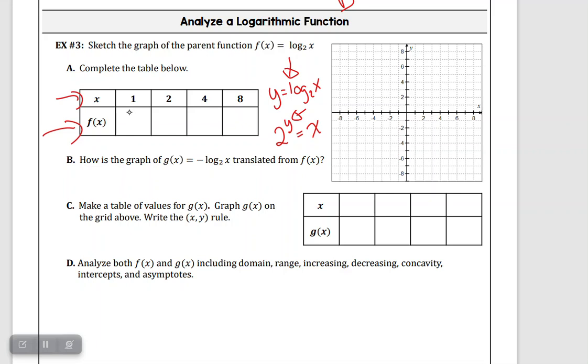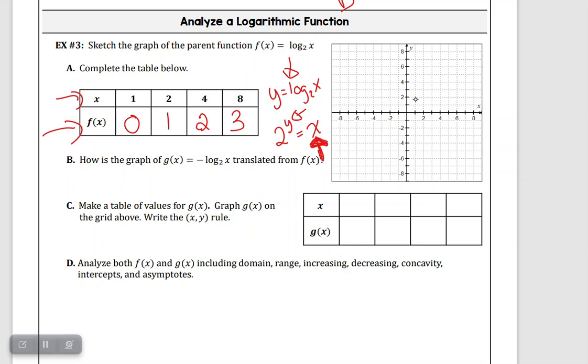But if we put x in 1, what does y have to be? It has to be 0. If we put in 2 for the x, y would have to be 1. If I put in 4 for the x, the y would have to be 2. And if I put in 8 for the x, y would have to be 3.